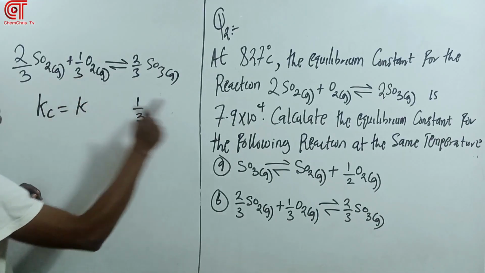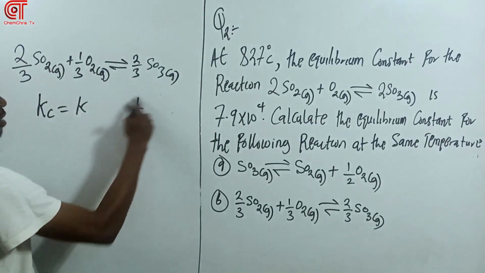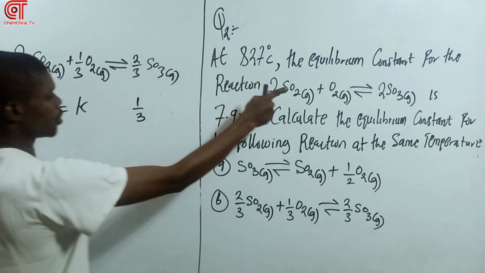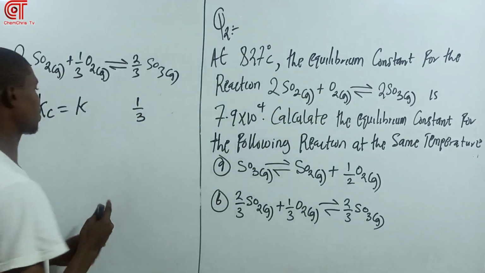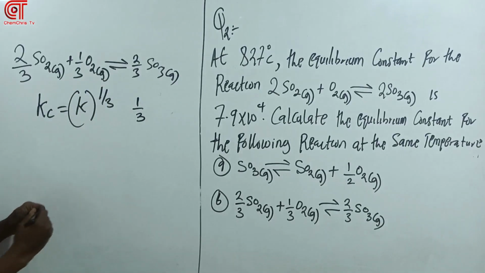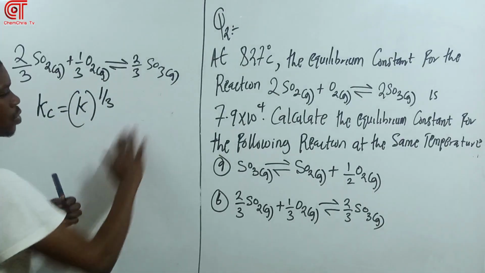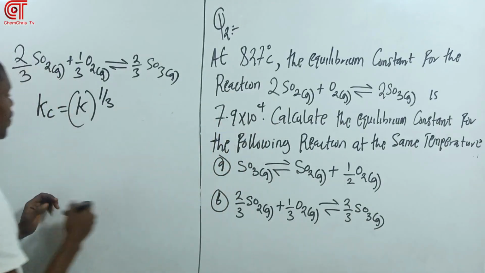Now here we don't have any. Here we have 1, here we have 1 over 3, which is also the difference here. Then the same for the other one here. So the difference in their mole is 1 over 3. So the method is next to substitute your value.